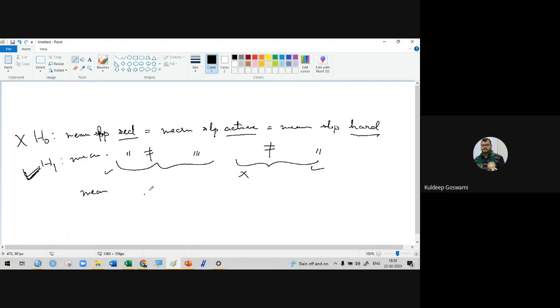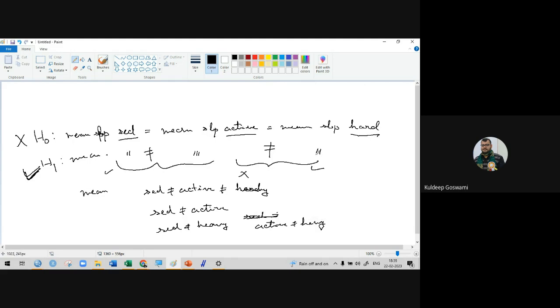Either sedentary is not equal to active and not equal to heavy work, or sedentary is not equal to active, sedentary is not equal to heavy, or active is not equal to heavy.